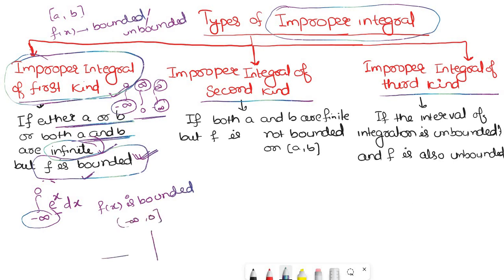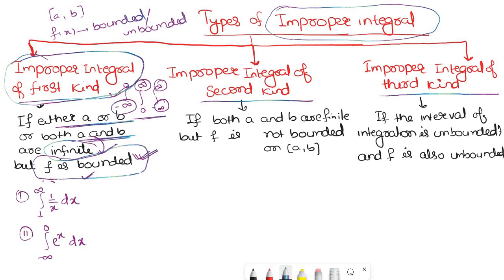We can see that from the graph also. The graph of e to the power x is like this. At 0 its value is 1, and as x goes to minus infinity it goes to 0. So if we consider minus infinity to 0, the function e to the power x is bounded. So this is another example for improper integral of first kind.